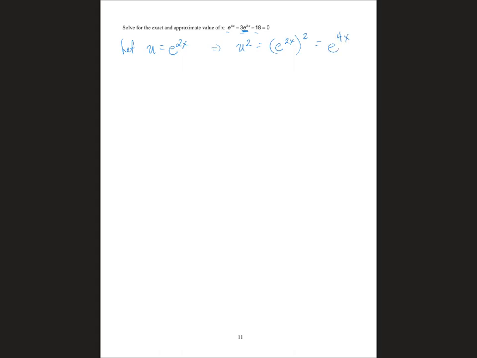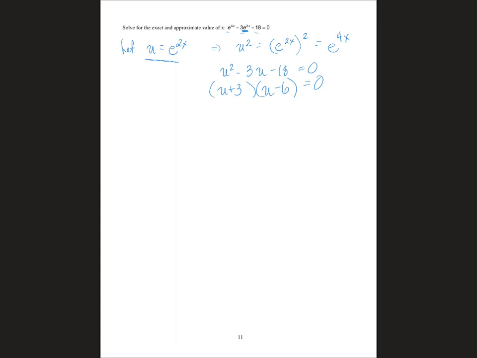So after introducing this variable u, I can rewrite my original equation in terms of u. So u squared minus 3u minus 18 equals 0. That's a beautiful quadratic trinomial on the left-hand side of this equation that I can easily factor as the product of two binomials, u plus 3 and u minus 6.